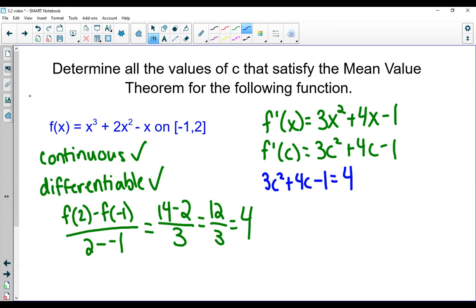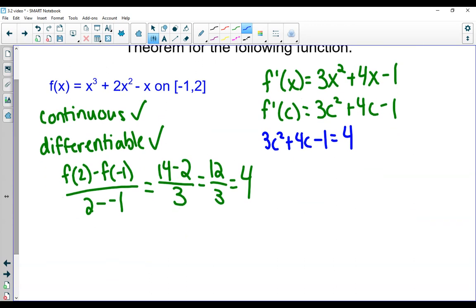In order to be able to solve that, I probably want to get it equal to 0, so let's move that 4 over. And then I always try to factor to see if I can easily find these values for c. Unfortunately, this quadratic is not factorable. So then I've got to think of what other ways I can solve to find these values of c, and the easiest way to do that is to use the quadratic formula.